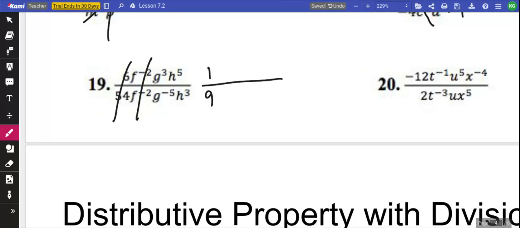My F's will cancel. When I reduce my H's, there'll be 2 left on the top. And now this G to the negative 5, we can't have negatives, so it needs to be flipped to the top to become a positive. And then I'm going to combine the G's, would give me G to the 8.